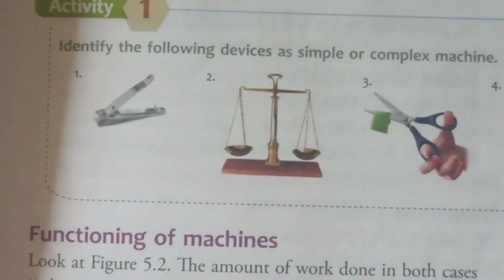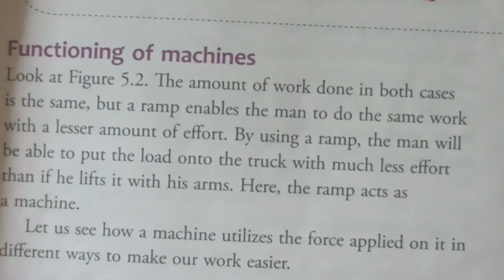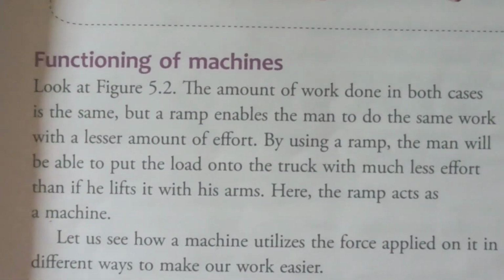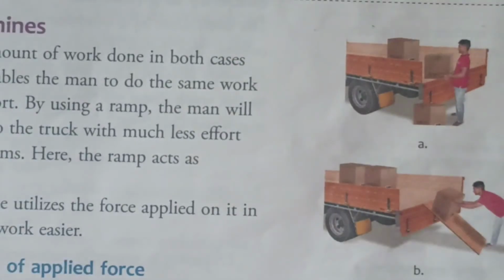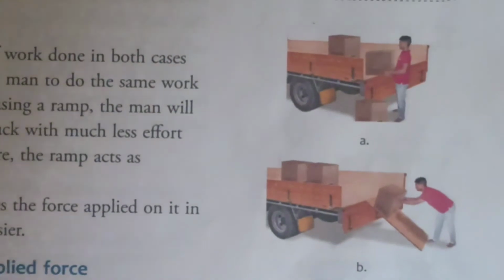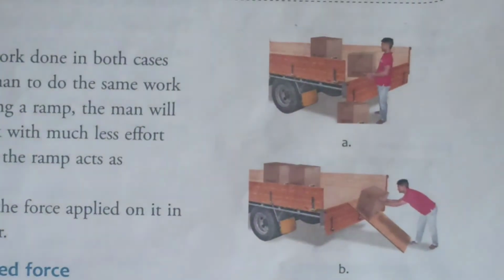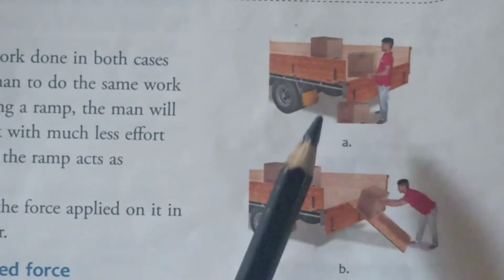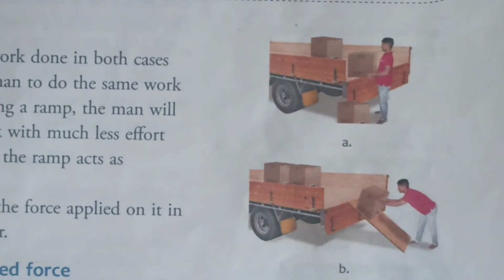Functioning of machine. How does a machine function? Look at this figure 5.2. Machine makes our work easier. The amount of work done in both cases is the same, but a ramp enables the man to do the same work with a lesser amount of effort.